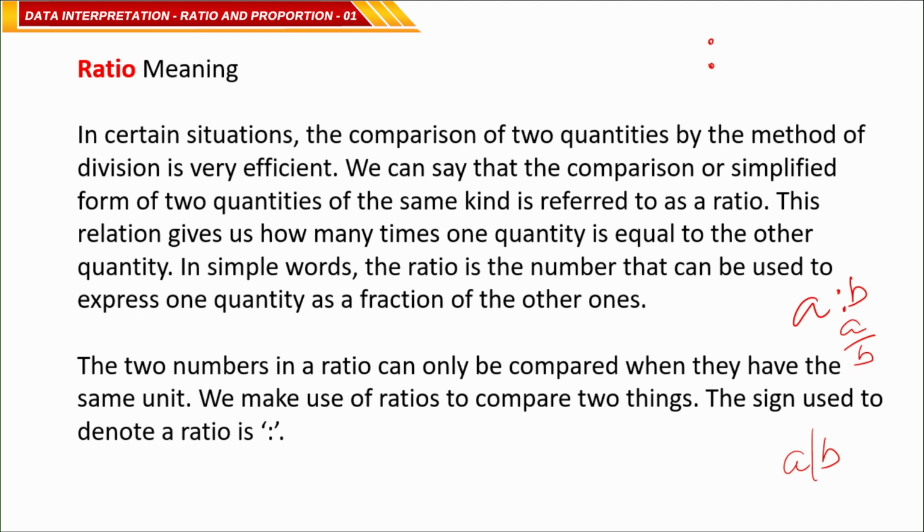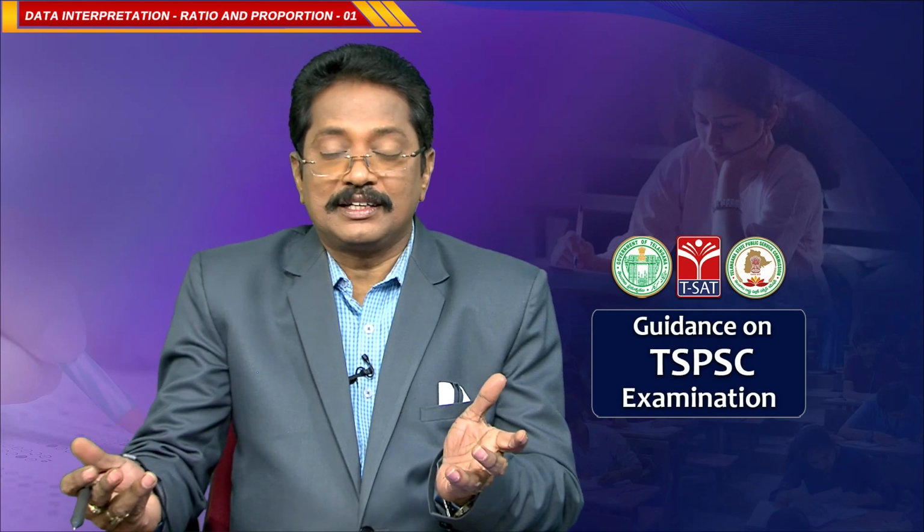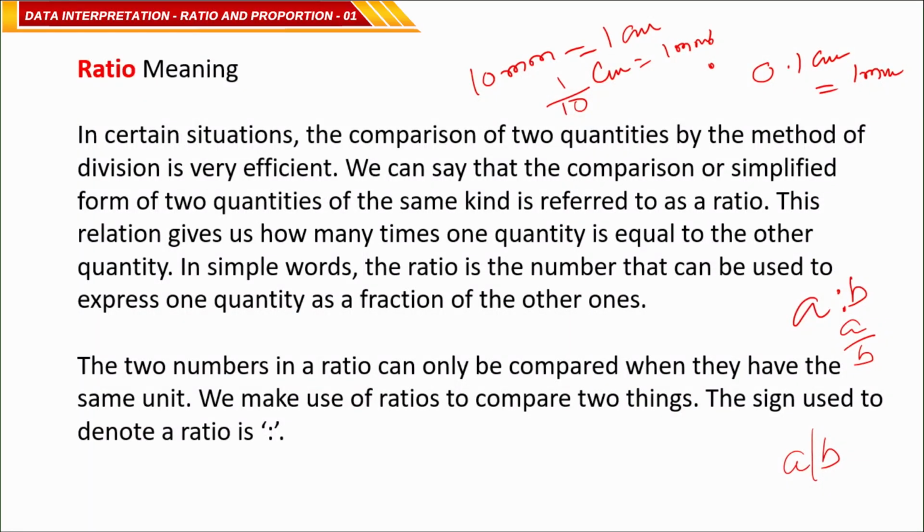For example, 10 millimeters equal 1 centimeter, which means 1 millimeter equals 1 by 10 centimeter, that is 0.1 centimeter, correct. We expressed millimeter in terms of centimeters as a fraction, 1 by 10 centimeters. In this way we can express a ratio in the form of a fraction.